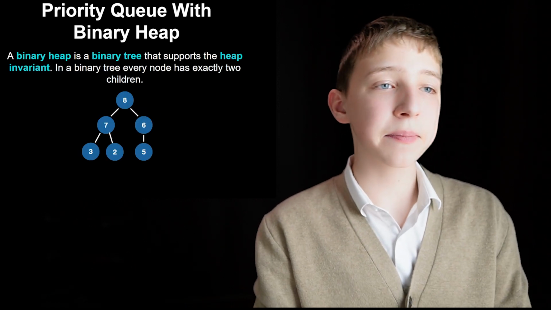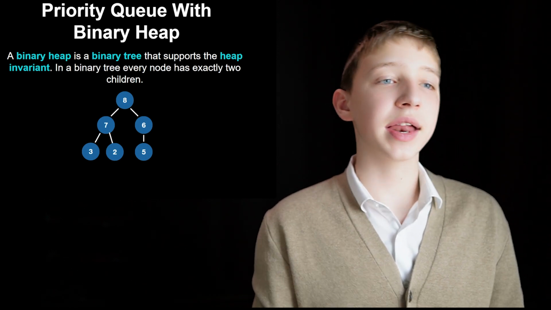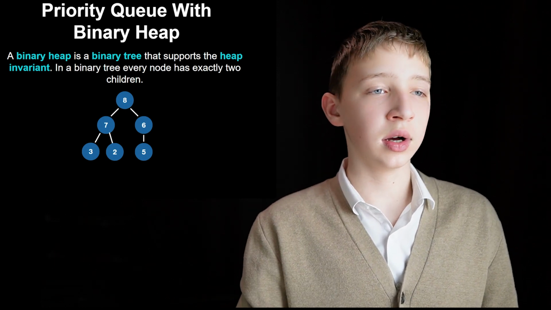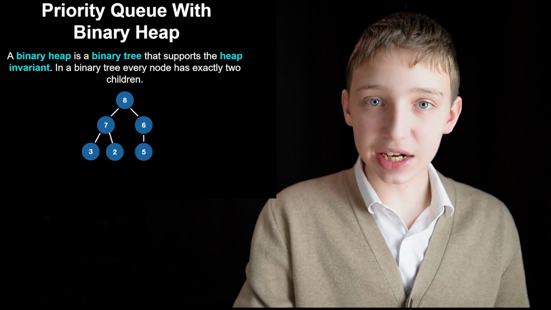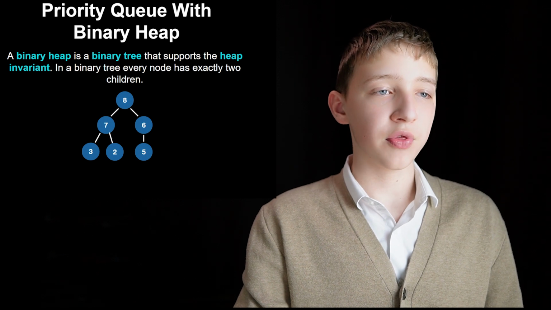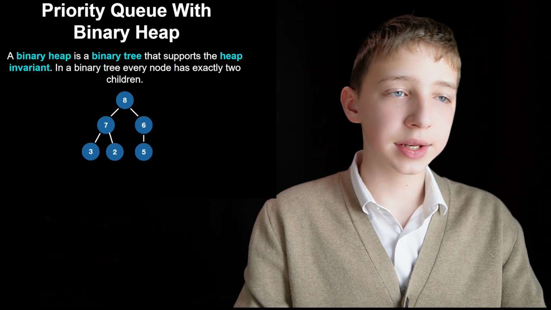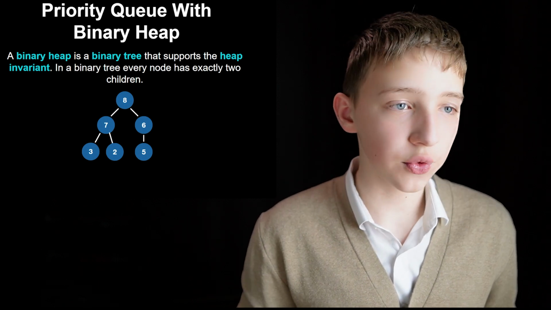The following is a binary heap because it satisfies the heap property that every parent's value is greater than or equal to the child's value, and that every node has exactly two children.